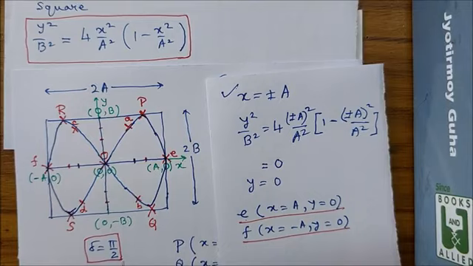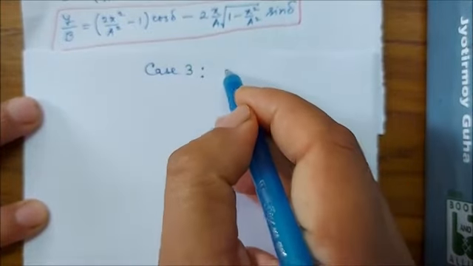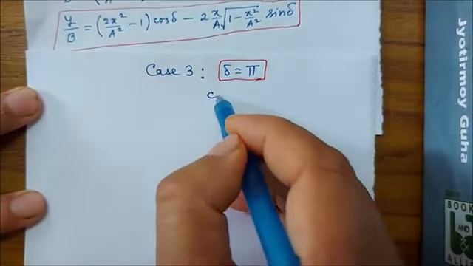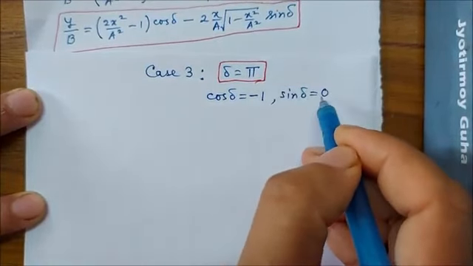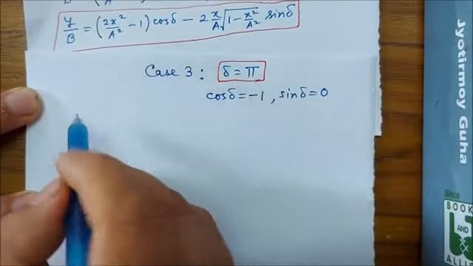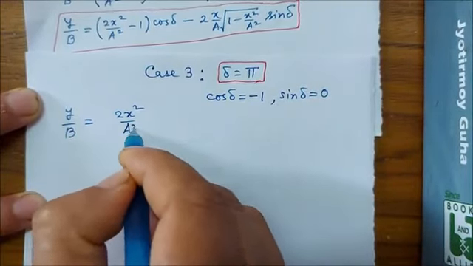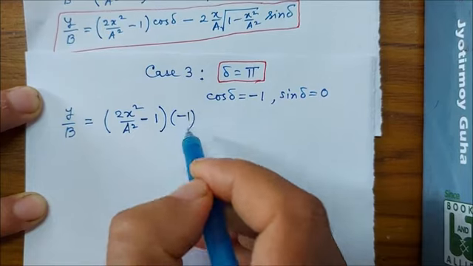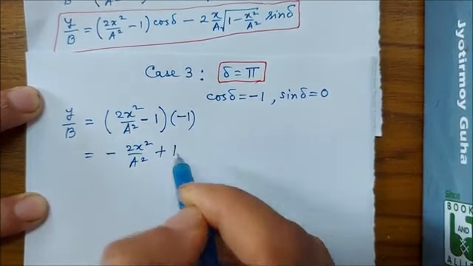Let us now consider case 3, where we take delta is pi, and so cos of delta is minus 1, sine of delta is 0, so that we no longer have the second term, but the first term will be present.